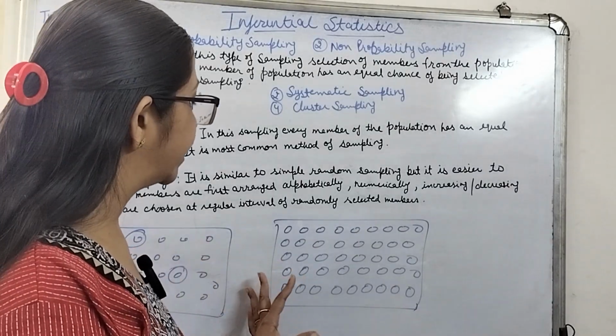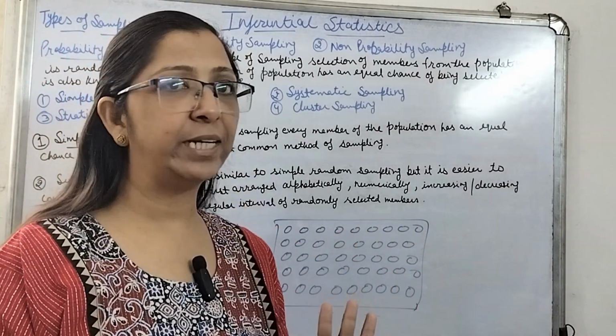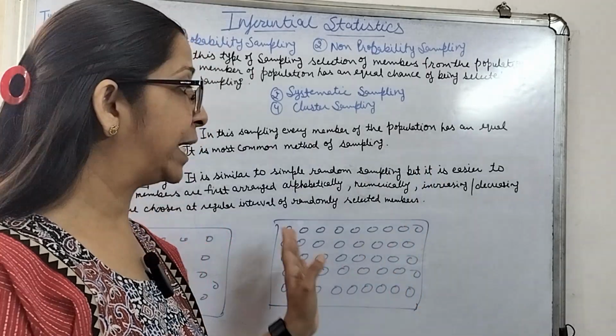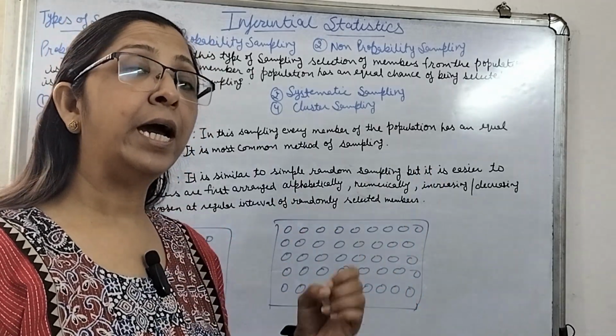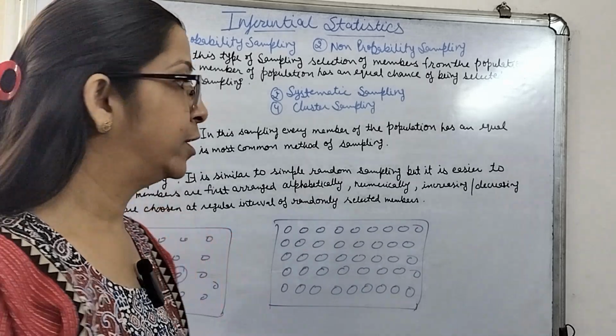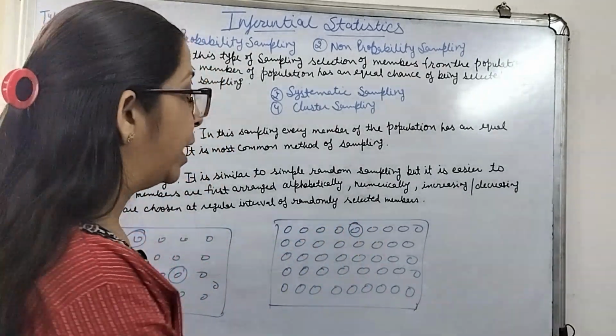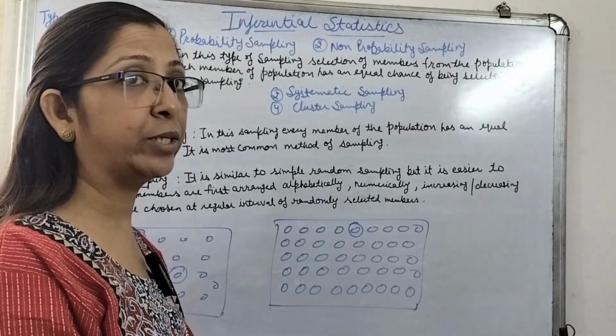First of all, for the first number I could take any, suppose the 5th roll number. The first student will be the 5th student, and after the 5th, I'll select every 6th student.